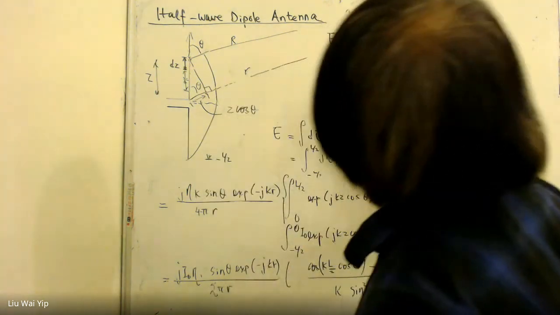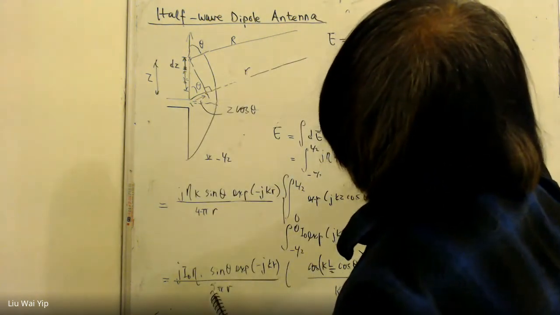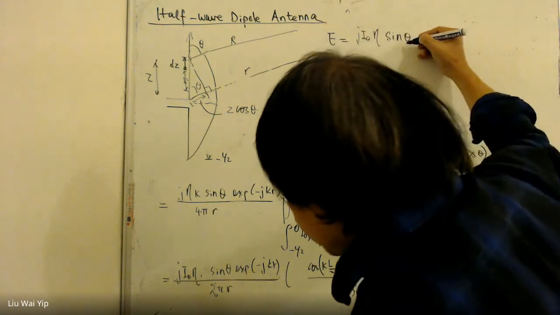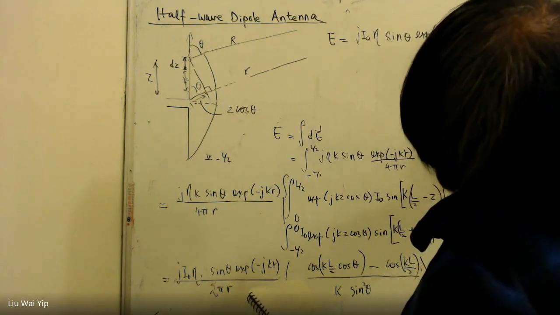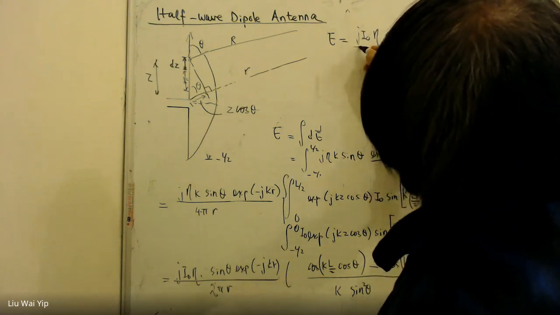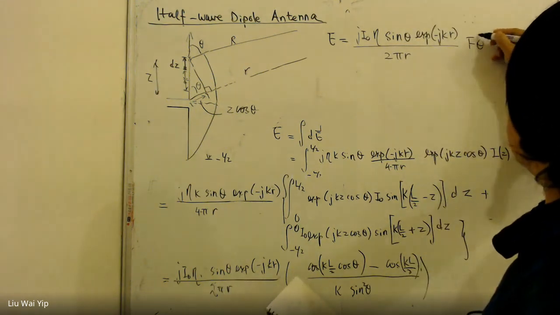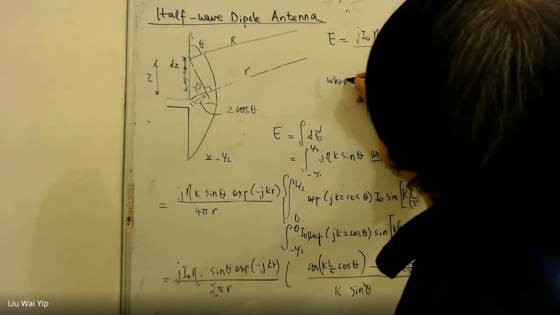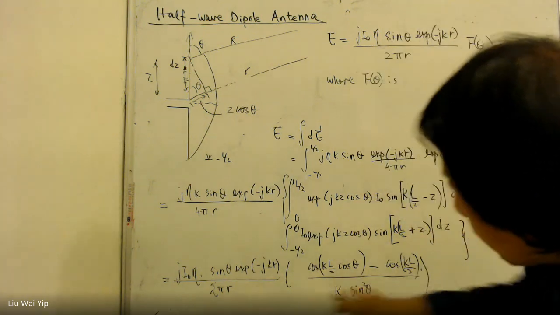We have this one here, K I naught, and then theta, and then sine theta, and then J K R, and divided by 2 pi r, and then f theta. And what is f theta? Where f theta is the so-called array factor.